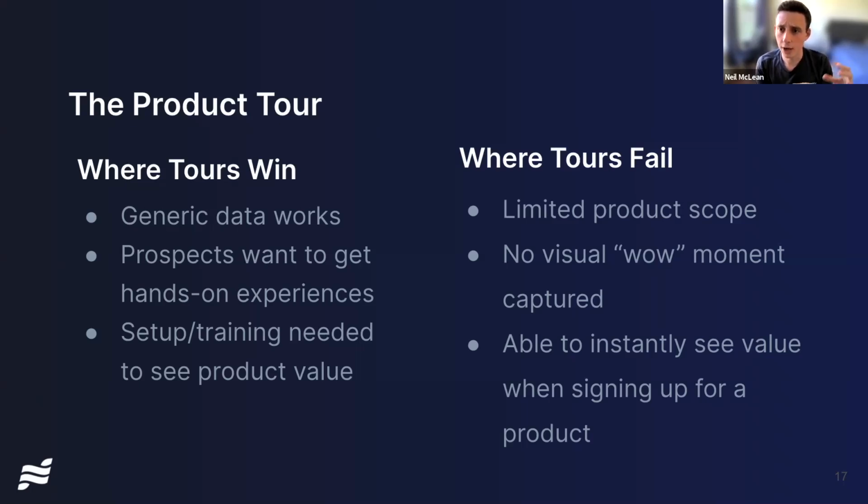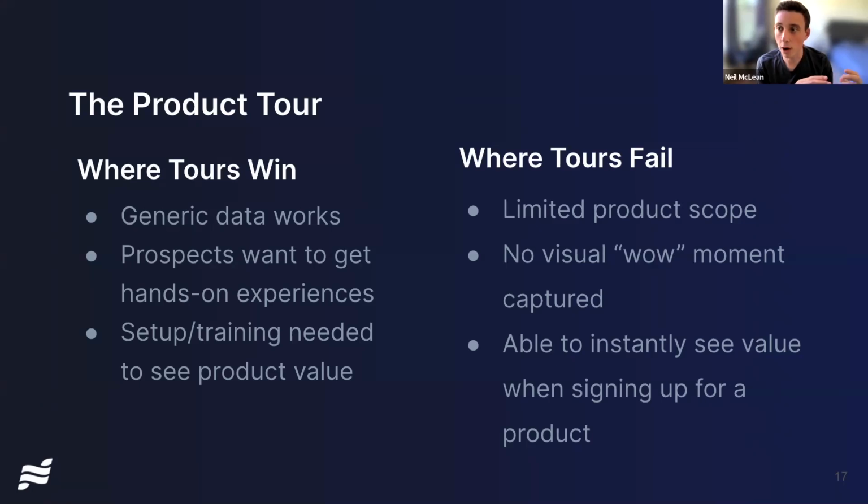At the same time, there are areas where product tours may not make sense. If your product is in a limited scope, if there isn't much value able to be shown, and some examples include identity management solutions like Okta or Auth0, it doesn't necessarily make sense to have a product tour if most of the product is behind the scenes.